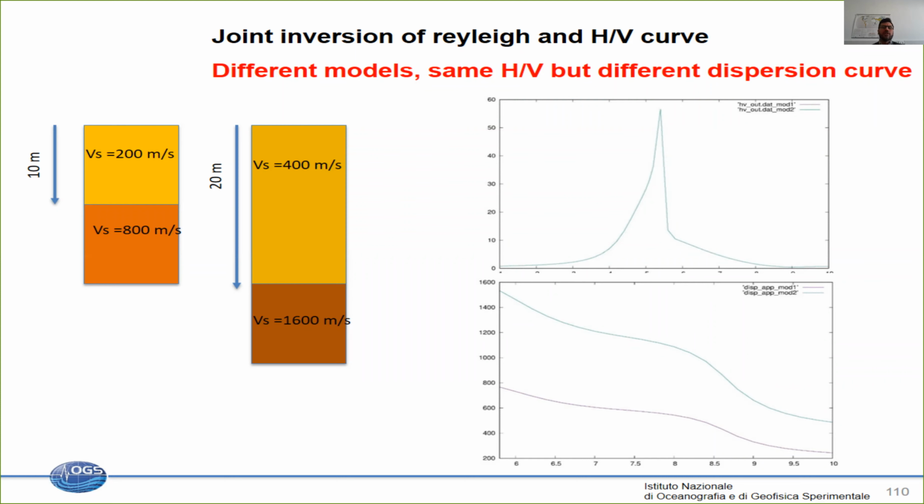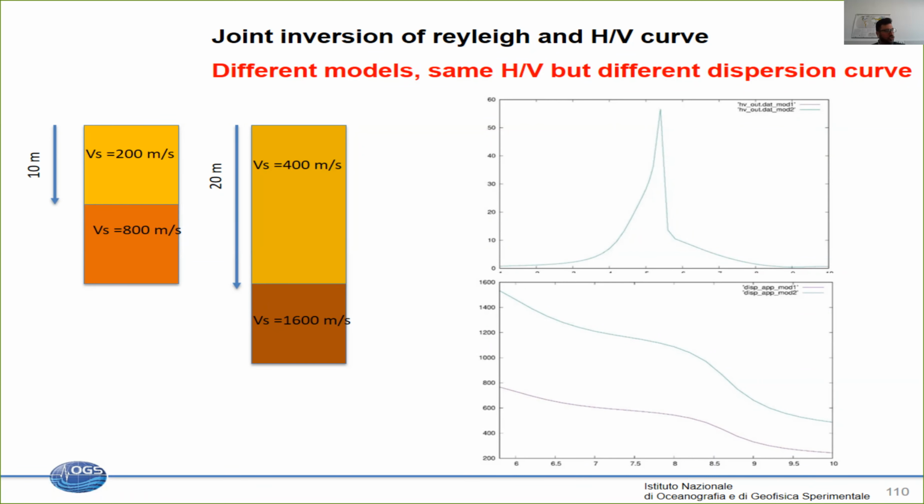So I showed you this example, with two different models in terms of velocity in the sedimentary cover and velocity in the bedrock producing the same H over V. So you don't see this difference.